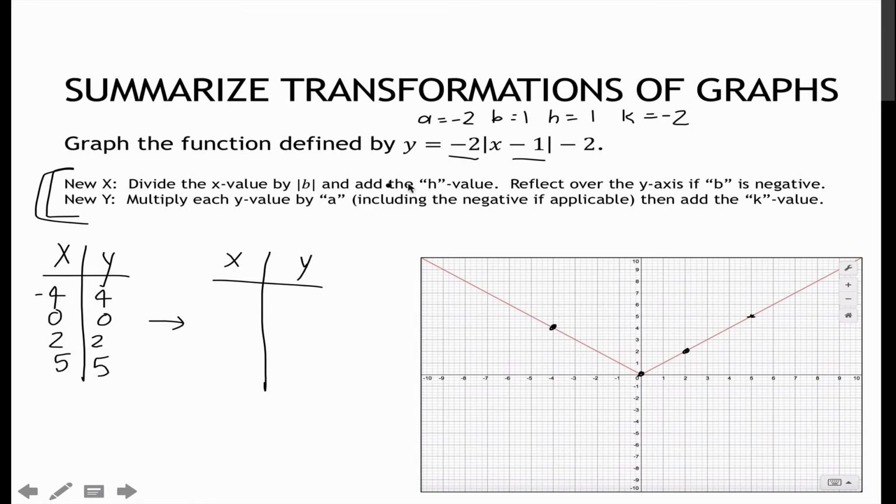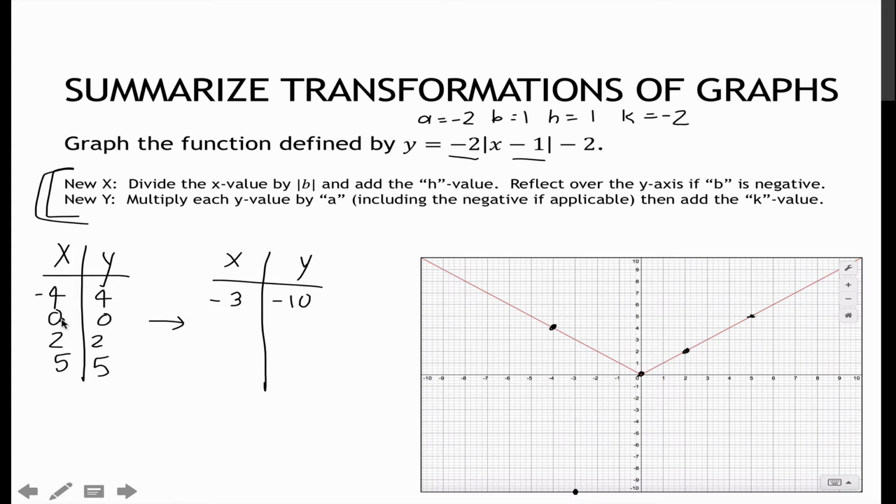And then I'm going to add the h, which is 1, which gives me -3. The y value, I'm going to take 4. I'm going to multiply it by -2, so that gives me -8. And then add k, so add -2, which gives me -10. So this point is now (-3, -10).